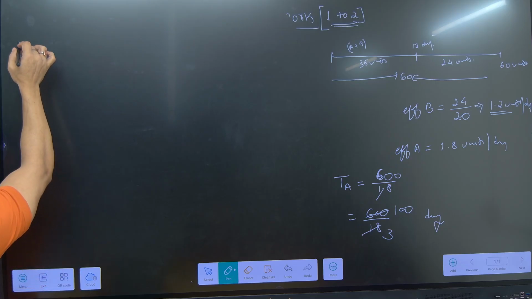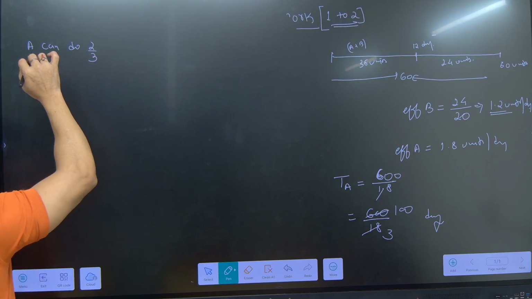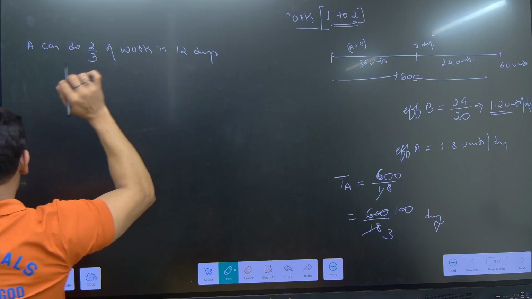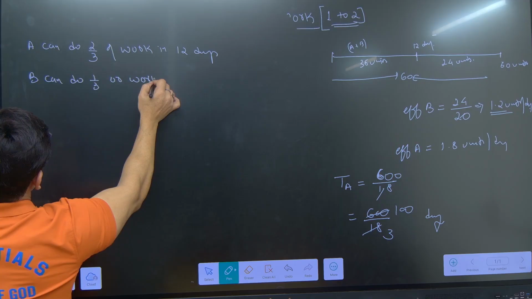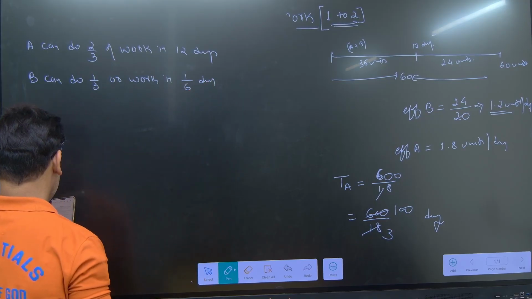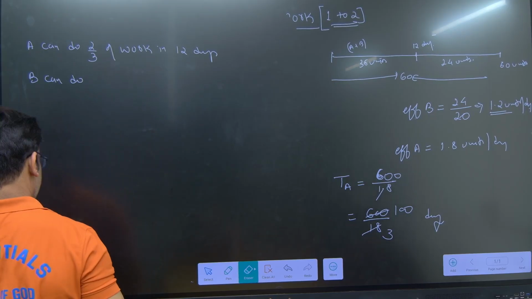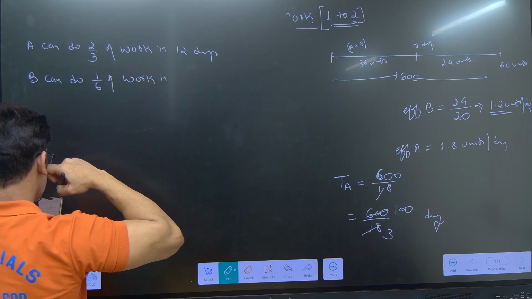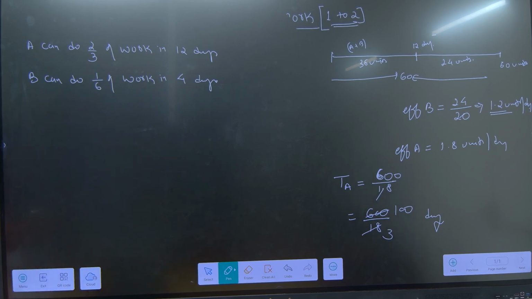Now do this question. A can do 2/3 of the work in 12 days, and B can do 1/6 of the work in 4 days.